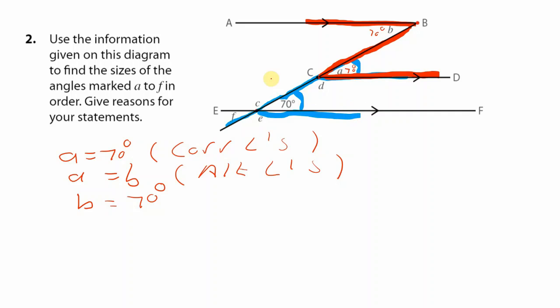We need C. Here we find C. So let's see what can we do with C. Well, what I see, there are more than one way actually to calculate it. Often in geometry you have more than one way to get to the answer. I can see that C and 70 degrees are next to each other on a straight line. Let me show you the straight line.